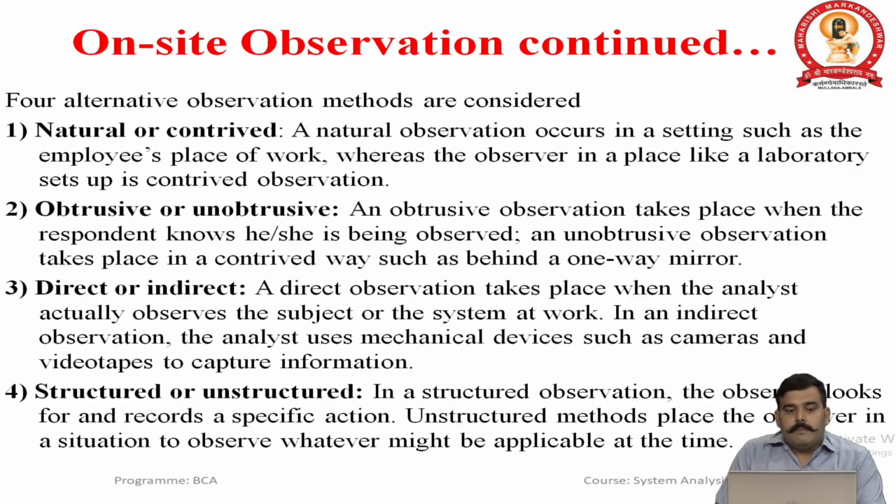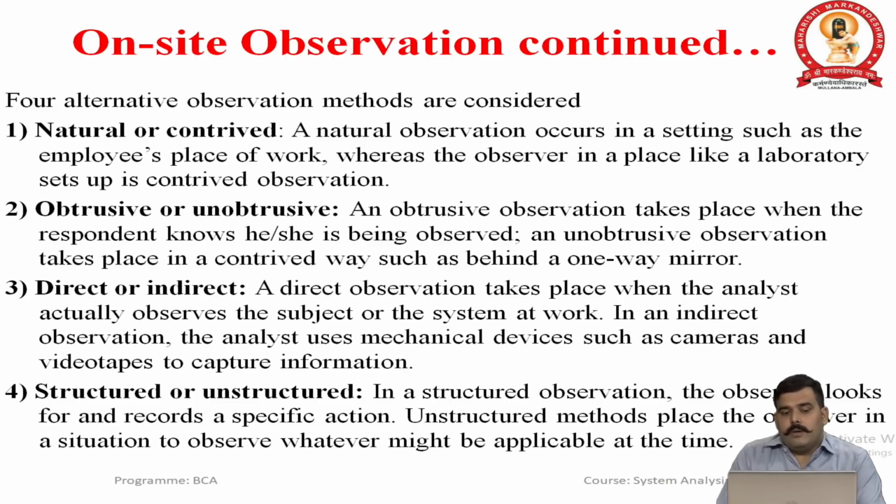Four alternative methods of observation can be used. The first one is natural or contrived. A natural observation occurs in a setting such as the employee's place of work, whereas in contrived observation the observer is in a place like a laboratory setup.